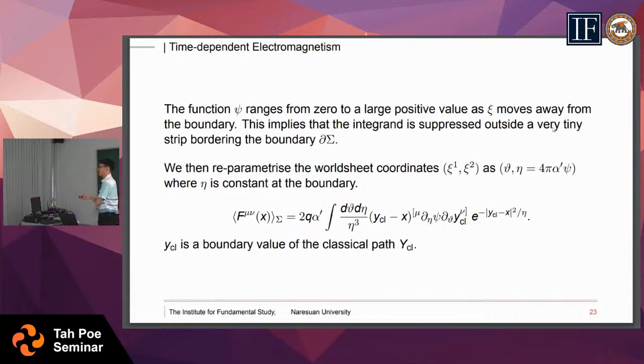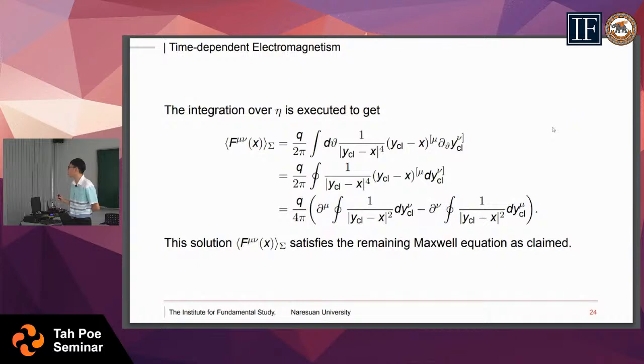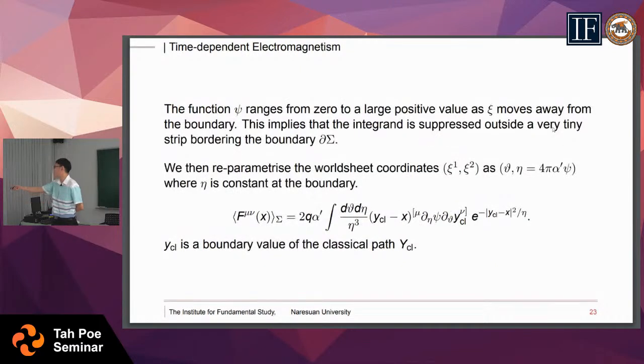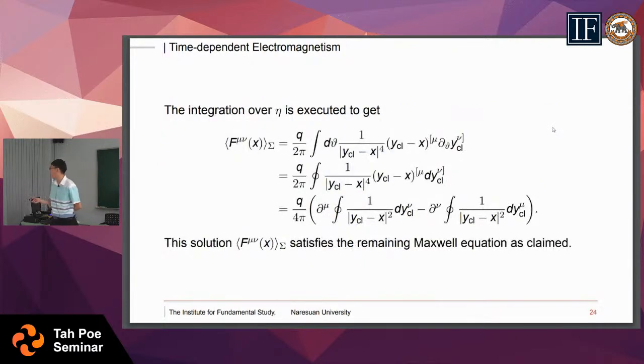So this turns this functional average to be this expression, and now with this newly defined worksheet coordinate theta and eta here, by integrating out the eta from 0 to infinity, what you have is this expression.